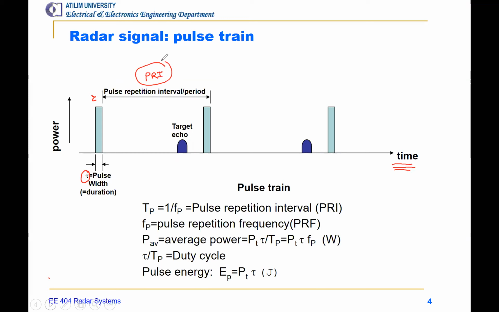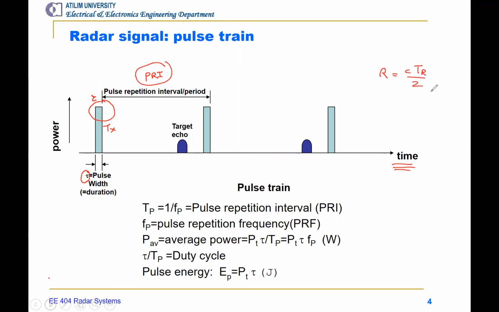If we remember the previous slide, when I send this pulse, the transmitted pulse, we expect an echo signal from the target, which is located at a distance R, and this distance is simply cT_R over 2.